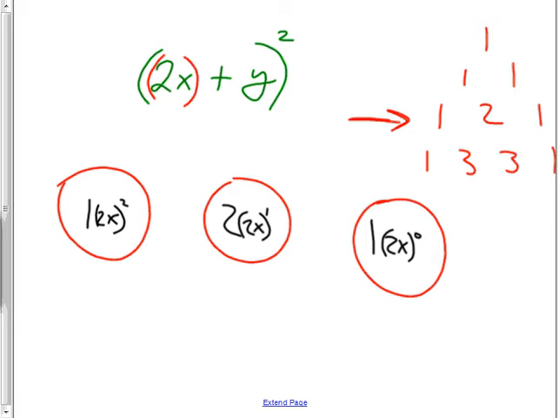I bet a lot of you had this part right. Y to the 0, y to the 1, and y to the second. Raise your hand if you had the y's right. Okay, good. Do you get what I just did now? Now that I did it, do you get what I did? Because this term you can't just get in your head that that's just like an x. It can be anything. It could be 2x to the 5th there.